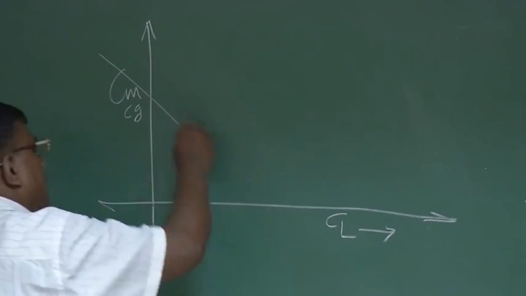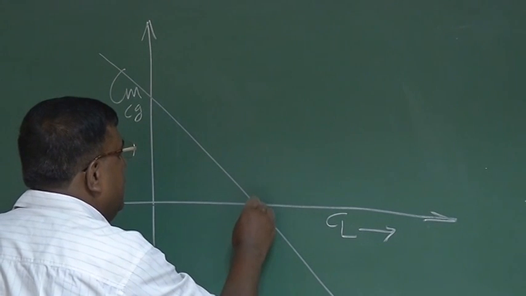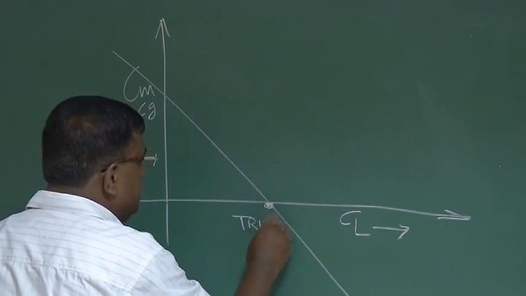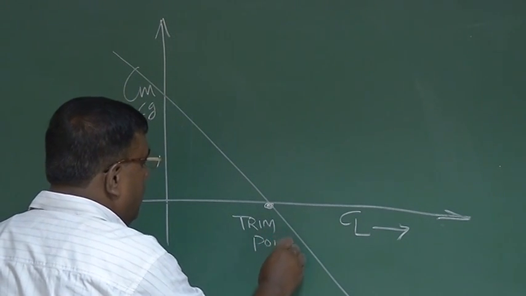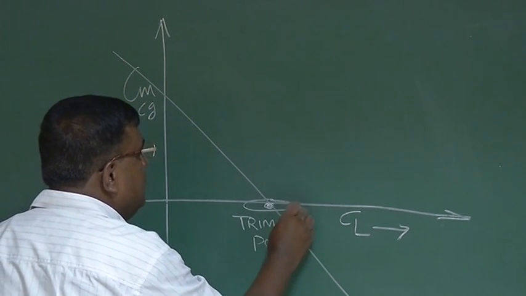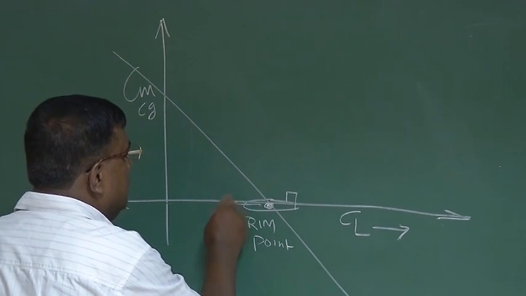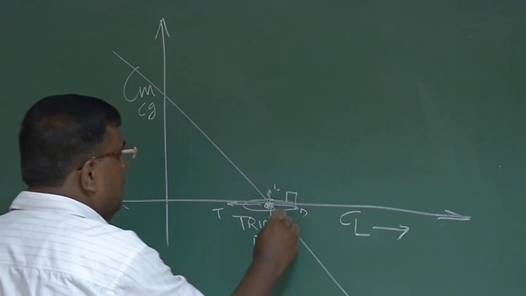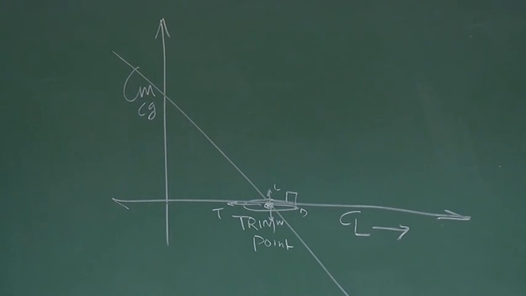Let us say the airplane is flying here and this is the trim point. What do you know at the trim point? At this point, thrust equals drag, lift equals weight. The airplane is flying like this.